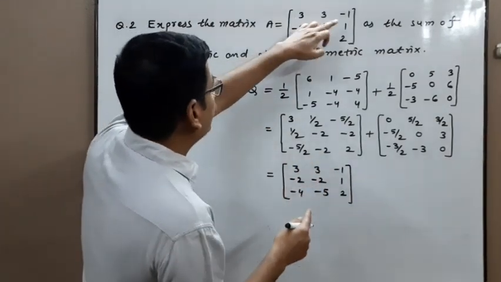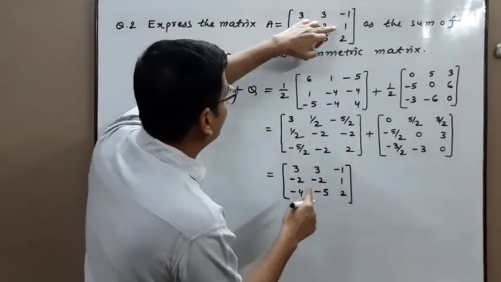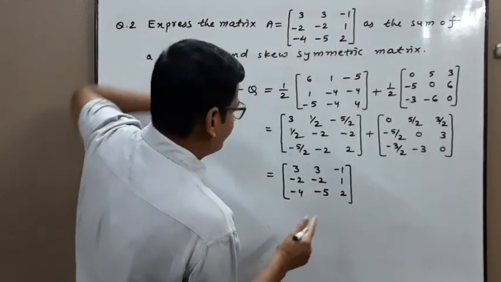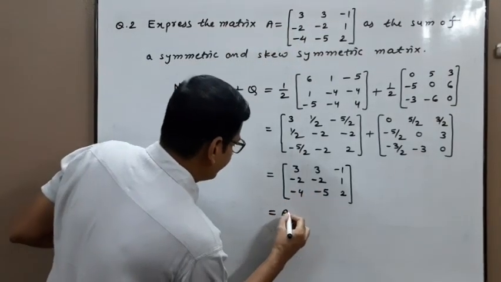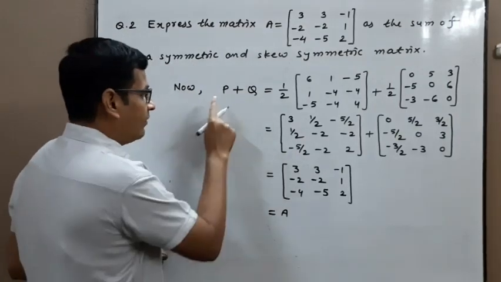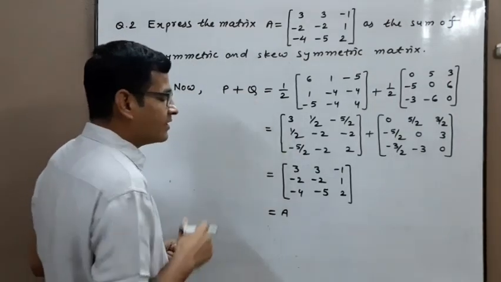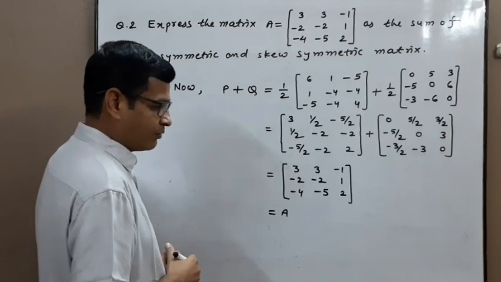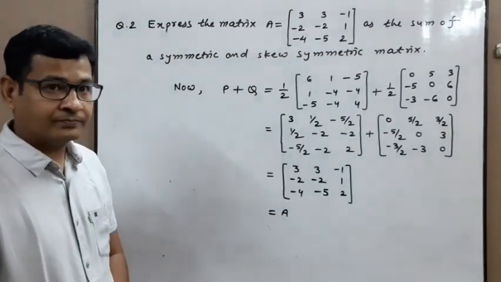We get 3, 3, minus 1; minus 2, minus 2, 1; minus 4, minus 5, 2, which is equal to matrix A. This means A is the sum of P plus Q, where P is symmetric and Q is a skew symmetric matrix. Hence proved. Thank you. Have a nice day.